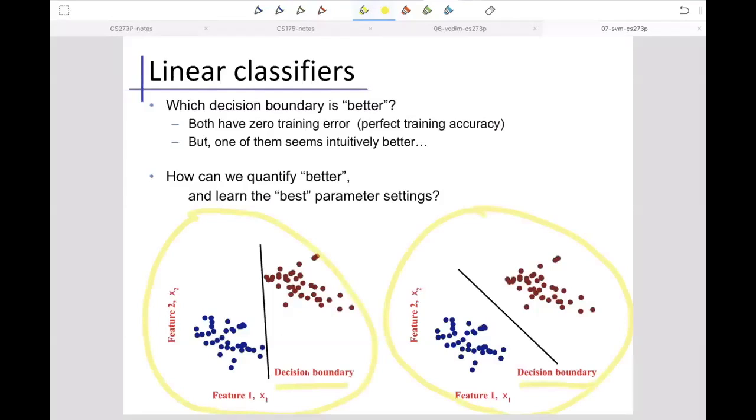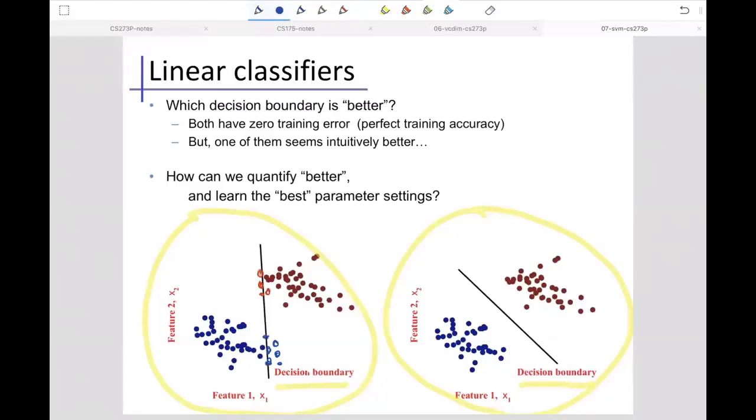The reason is that if I could collect some test data sets, something like these guys here, and other test data that look like these guys here, like a neighborhood, small perturbation, surroundings, labels of that, you can see that the classifier on the left side will fail on some of this test data.